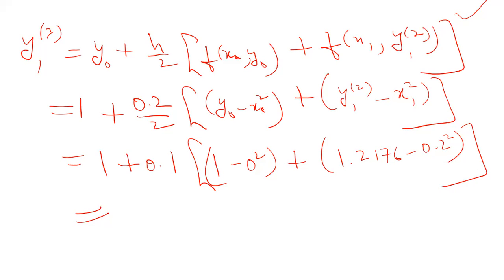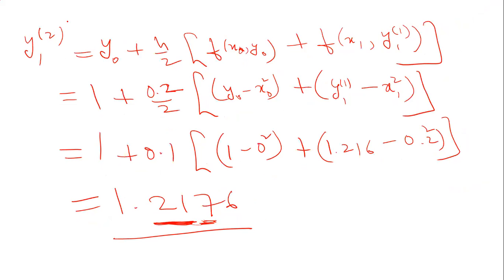This is 1.1776, plus 1, multiplied with 0.1, plus 1. So what I have here is 1.21776.